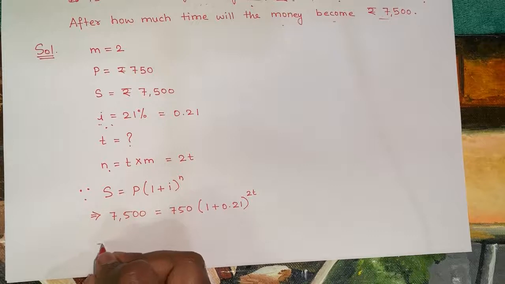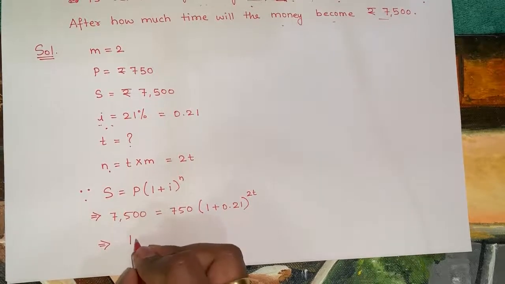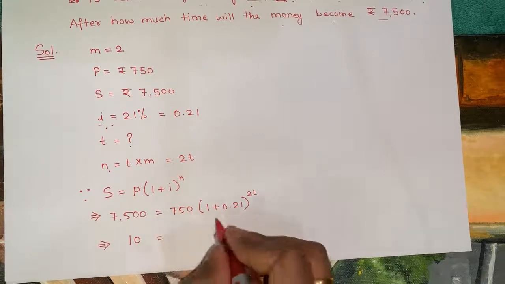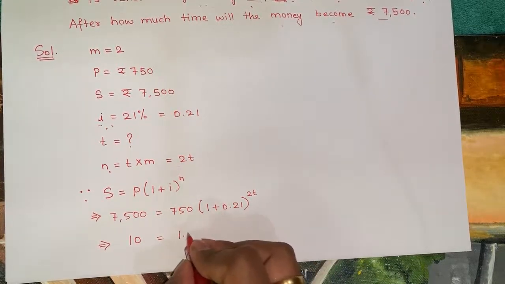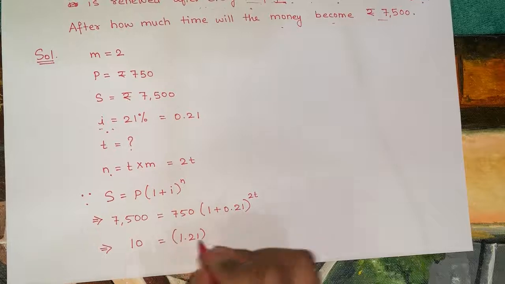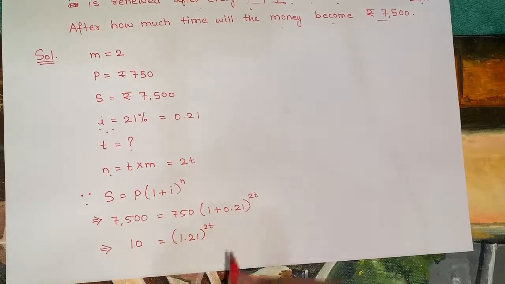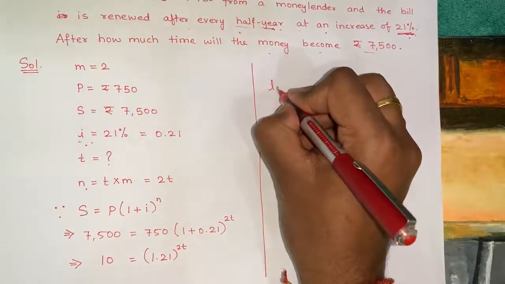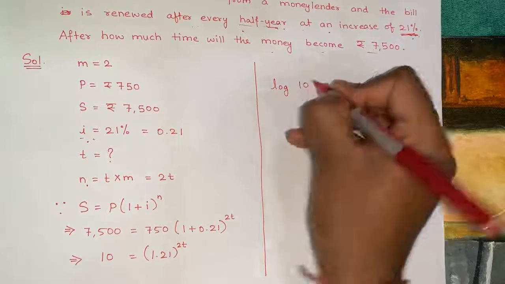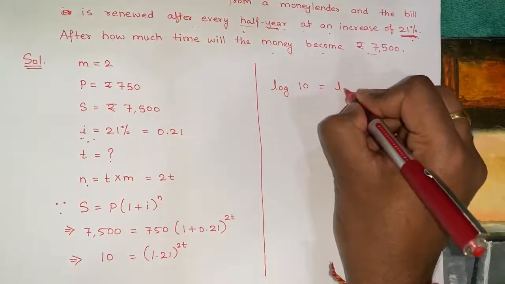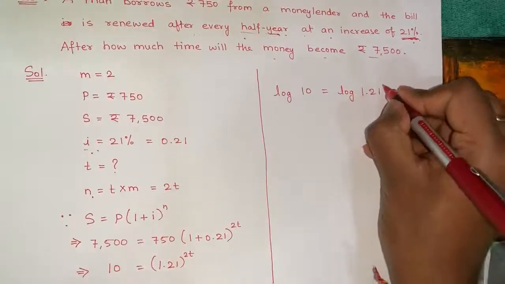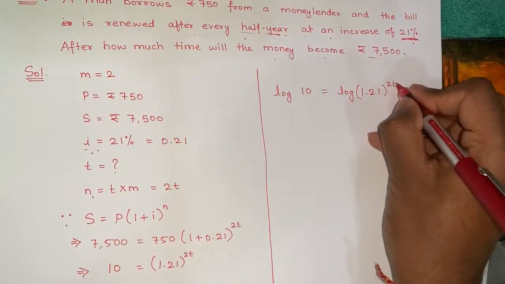So let's divide by 750 here. So this becomes 7,500 divided by 750, which is equal to 10, which is equal to 1 plus 0.21, which is 1.21 to the power 2T. Now let's take log on both the sides. So this becomes log 10 is equal to log 1.21 to the power 2T.